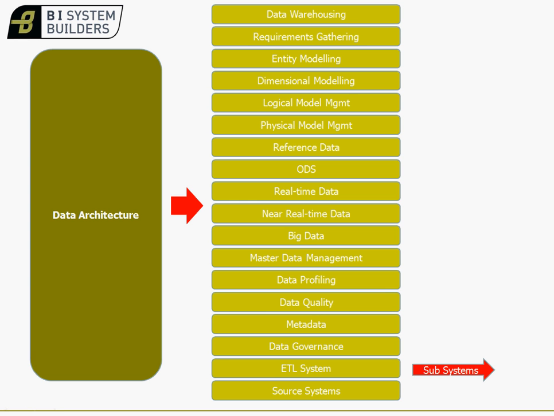From your business architecture and your requirements gathering, you should understand if there is a requirement for real-time data, so pretty much instantaneous, near real-time data, or big data. How much data have you got?